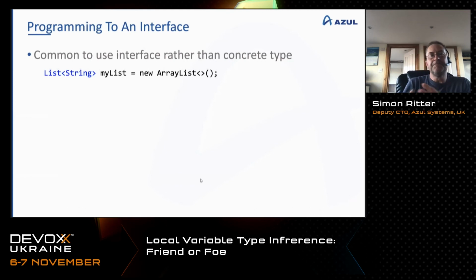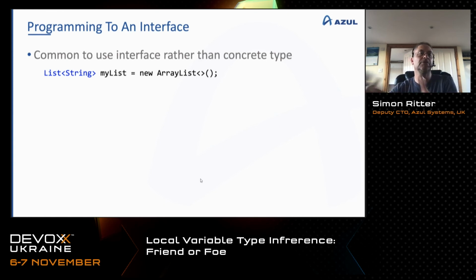Programming to an interface. Often when we're writing Java code, we'll use polymorphism to look at or represent an object rather than as the concrete type. We'll use an interface that allows us to pass around different concrete types and process them in the same way.